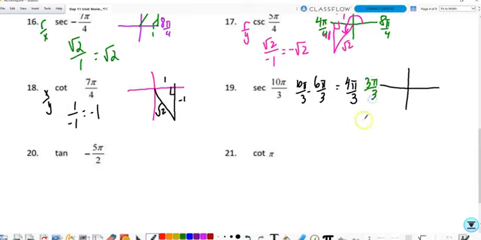So this ray is pi, this is 2 pi, 4 pi over 3 is a little bit past 1 pi, pi over 3 reference angle, root 3, 1, 2, negative, negative. Secant is r over x, negative 2.